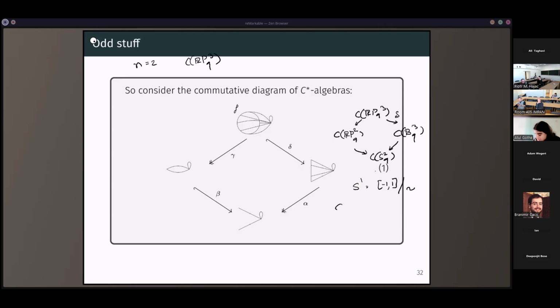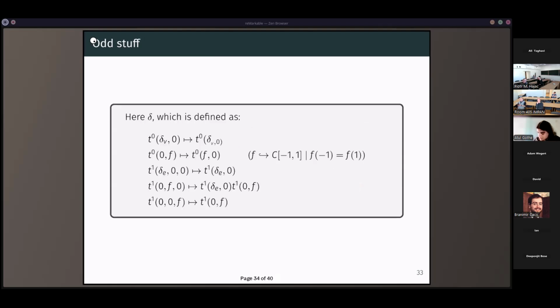So we can have an embedding of C(S1) inside C([-1, 1]), such that a function goes to a function here with f(-1) equal to f(1). So a function on the circle can embed inside a function on the interval.